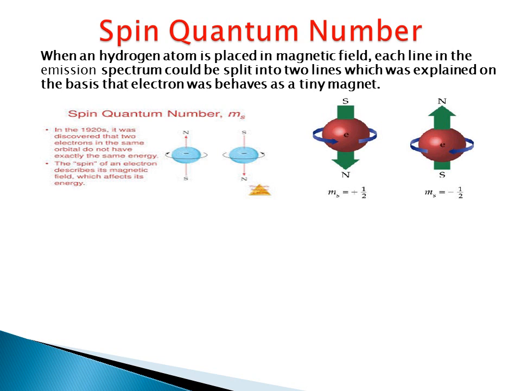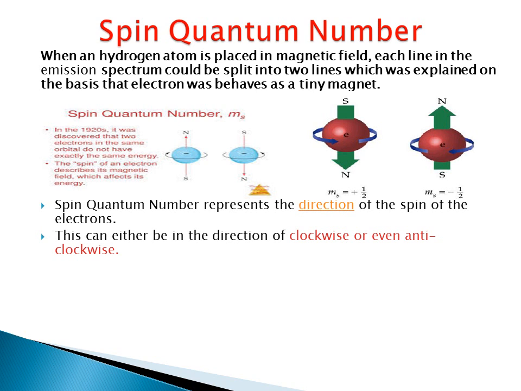The spin quantum number was discovered in 1920. Two electrons in the same orbital do not have exactly the same energy. The spin of an electron creates a magnetic field which affects the energy.